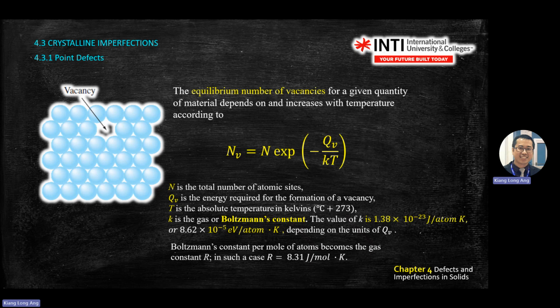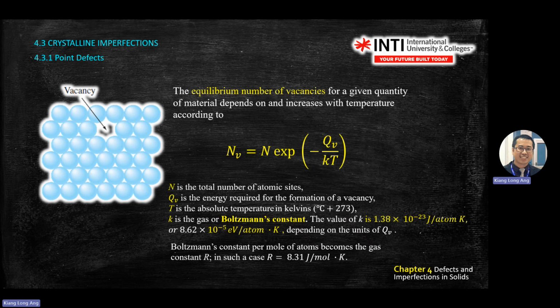If the question gives you joule per atom Kelvin, you use this one. If the question gives you eV per atom Kelvin, you use this one. It depends on what parameter you have. If you are given eV, you use 8.62.